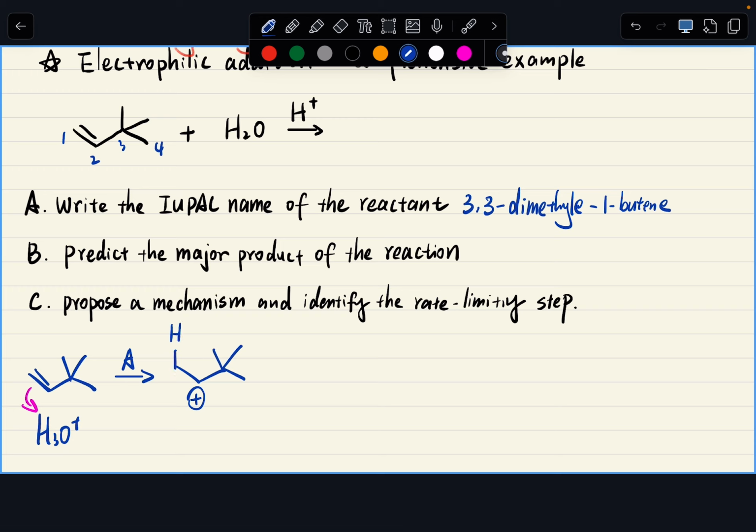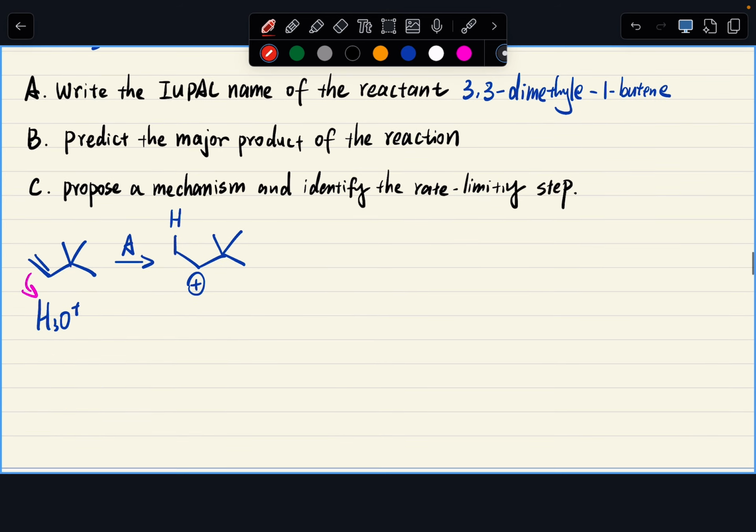And the hydrogen will add onto the terminal position. In our previous discussion, we also mentioned that the formation of the carbocation is rate limiting. So this is going to be our rate limiting transition state, which is the formation of the carbocation intermediate.